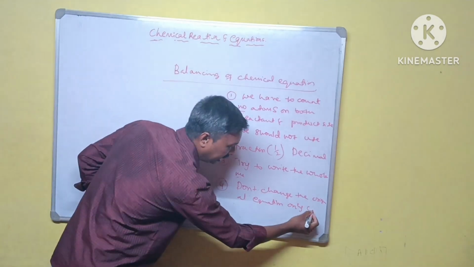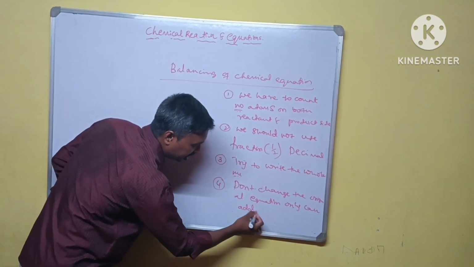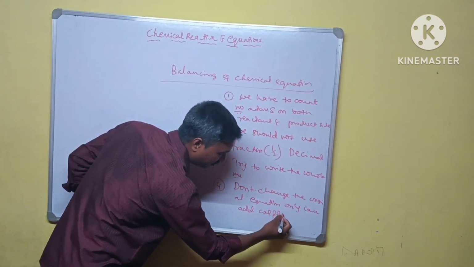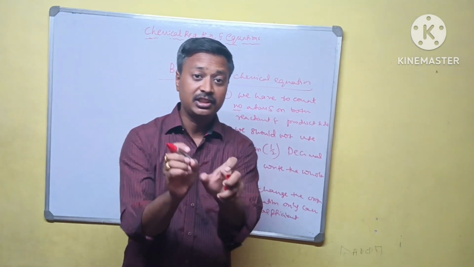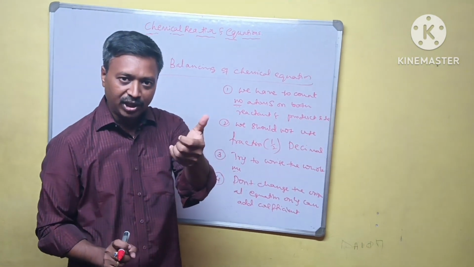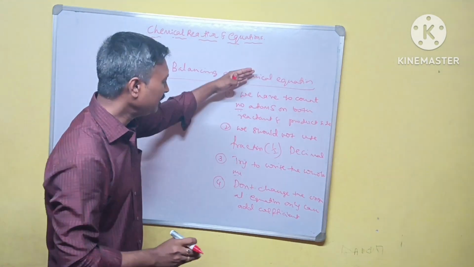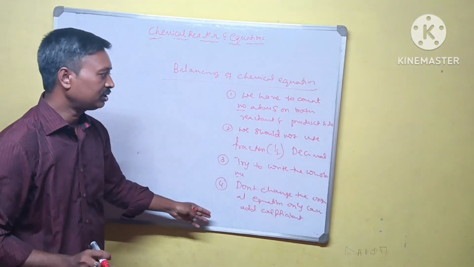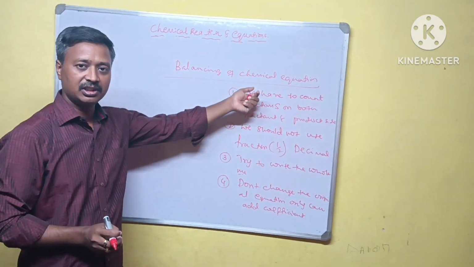You can only add coefficients. According to your wish, don't change the given question. You must only play with the numbers. Don't alter the original equation. These are all the important notes while balancing the chemical equation.